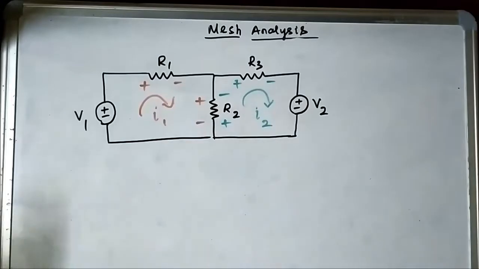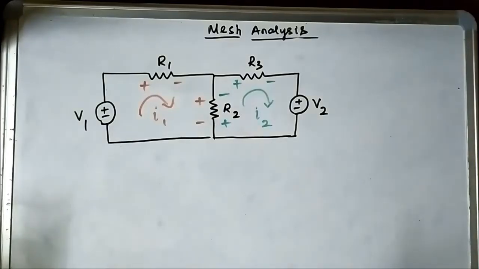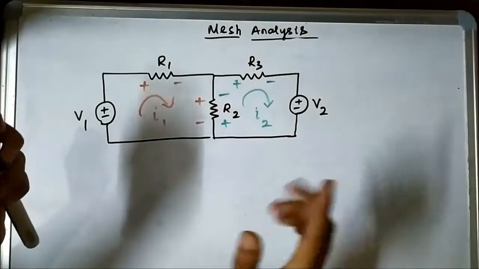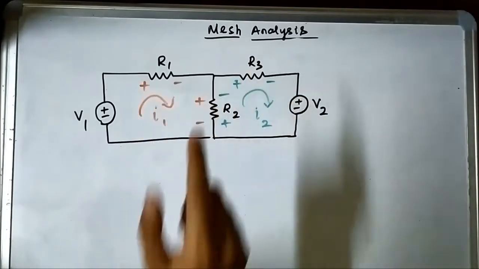First we will discuss the basic concept, then we will further understand it by applying it to solve numerical problems and find the unknown currents. We have used the same circuit which we discussed earlier, which contains two voltage sources V1, V2 and three resistors R1, R2 and R3.